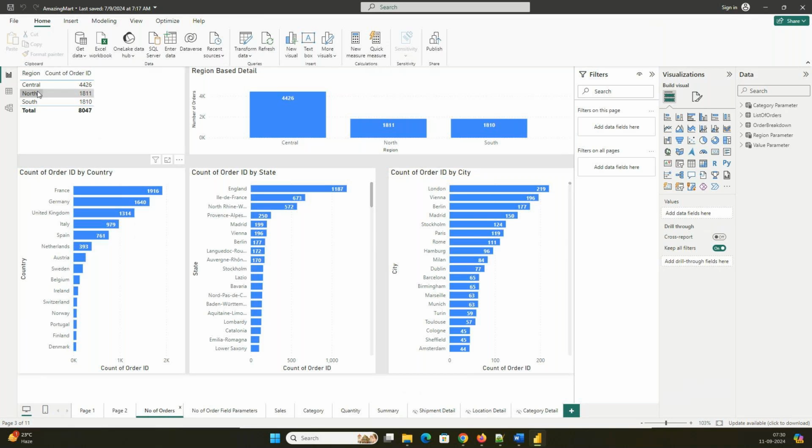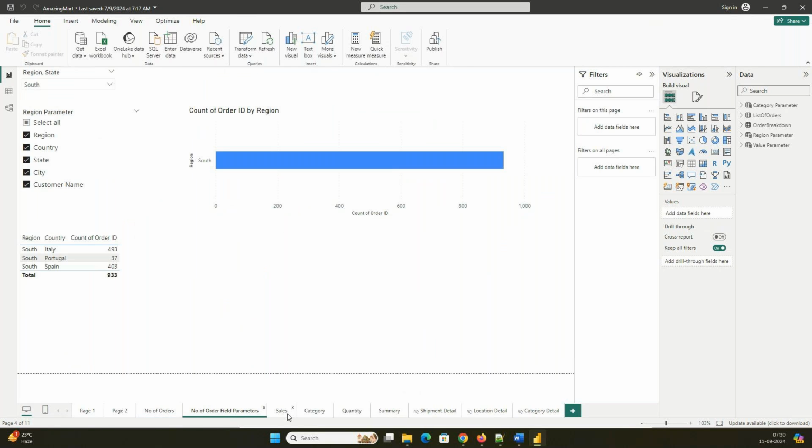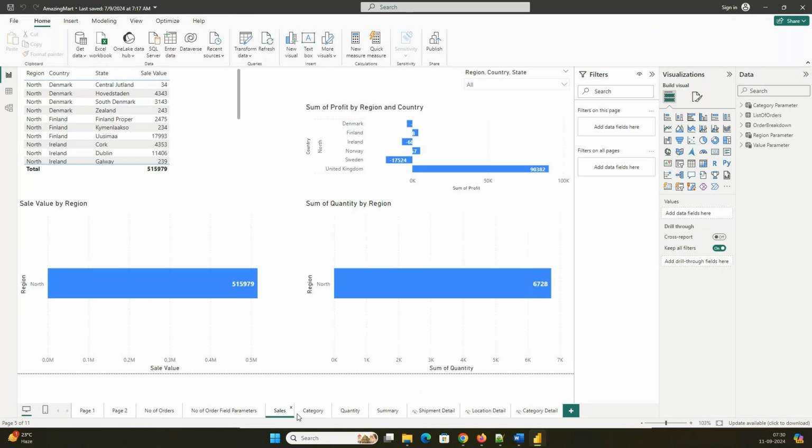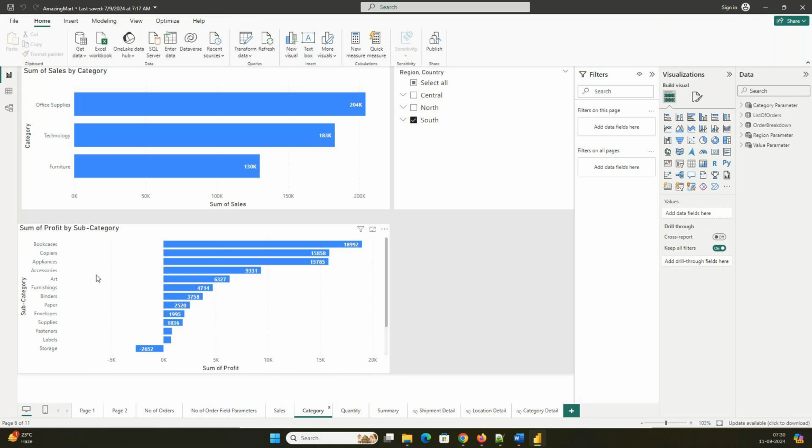If you see in this amazing mart, we are selling multiple products. We are selling office supplies, technology related products, and furniture related products. Now, when I select this, how do the data sets modify?